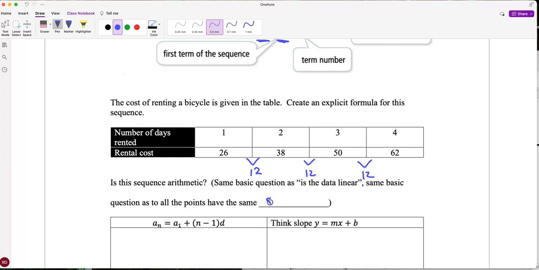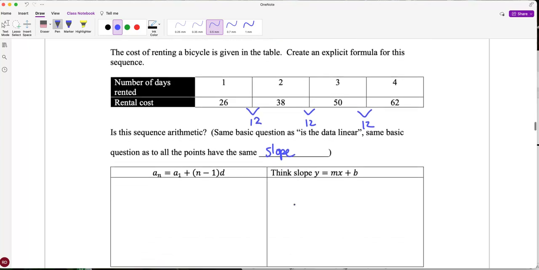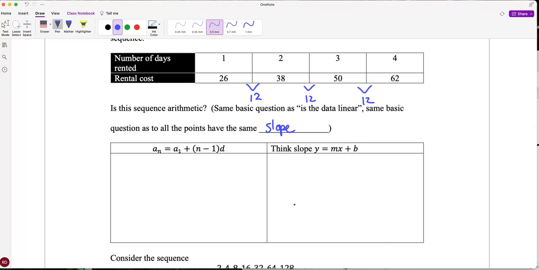So it's the same question. In linear terms, we would say, do they have the same slope, okay? It goes up by the same amount every time. So let's find this formula. So we know that this is A1, this is A2, this is A3, and A4.